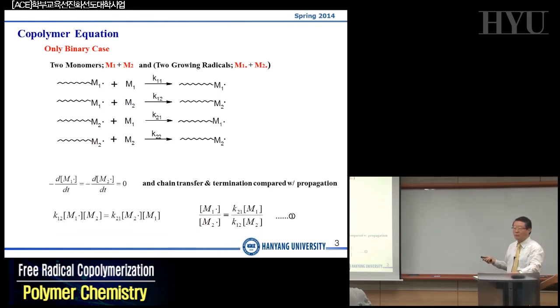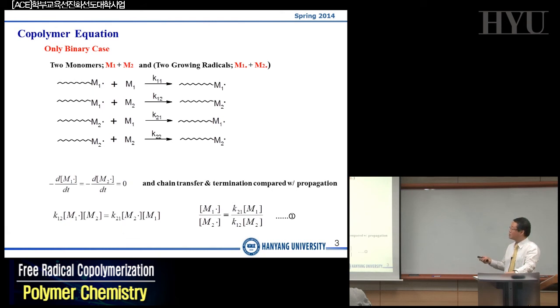So K11 means M1 dot will meet M1. K12 means M1 dot will meet the second monomer, M2. K22 means the monomer 2 radical, M2 dot, will meet monomer 2. K21 means M2 dot will meet M1, making the M1 dot.